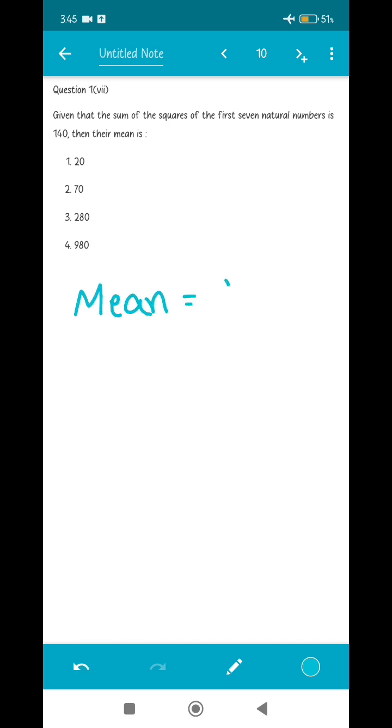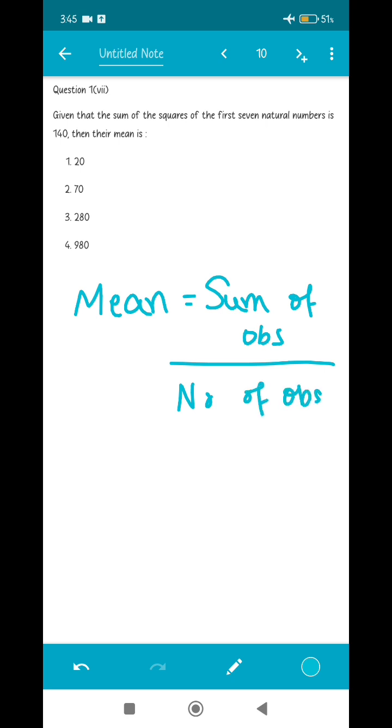We know mean is equal to sum of observations by number of observations. This single word squares is going to make a lot of students confused about why they have mentioned the term squares. It's nothing. The sum has been given as 140. How many observations are we considering? The first 7. So 7 is the number of observations. So your correct answer will be 20.